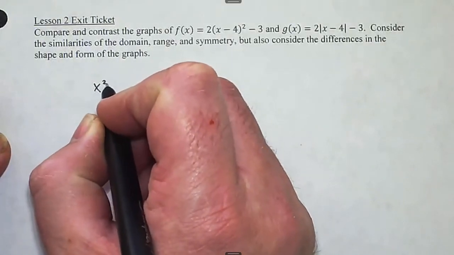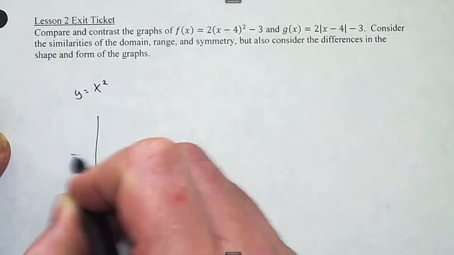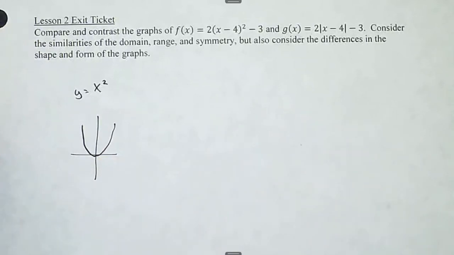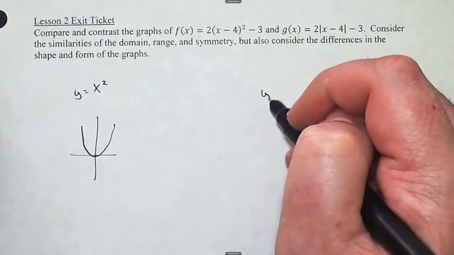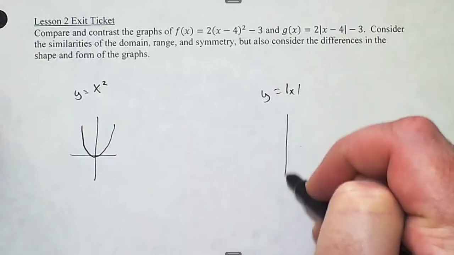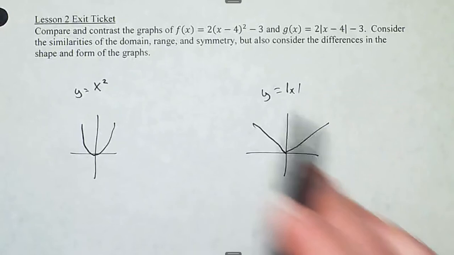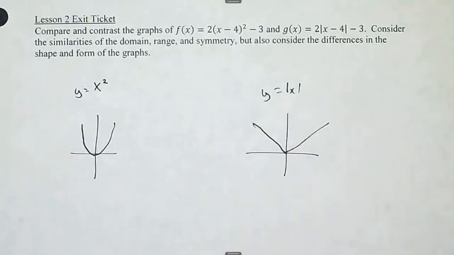The graph of y equals x squared is a parabola that gets steeper and steeper. The graph of the absolute value of x makes this V. Other than that, these two graphs will have the exact same features of symmetry. They'll have the same domain.